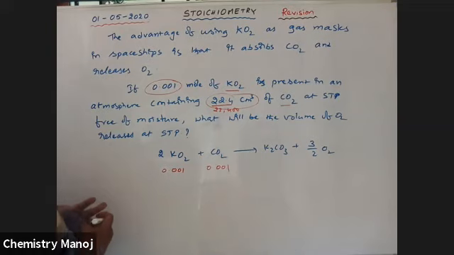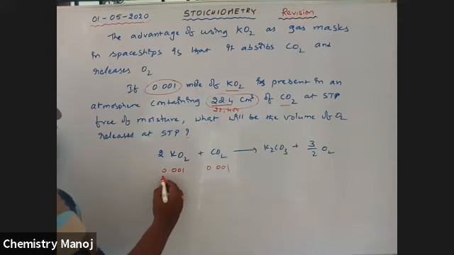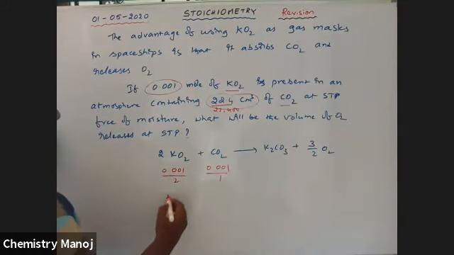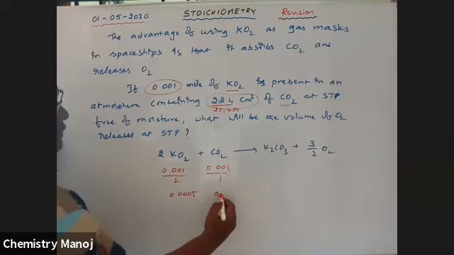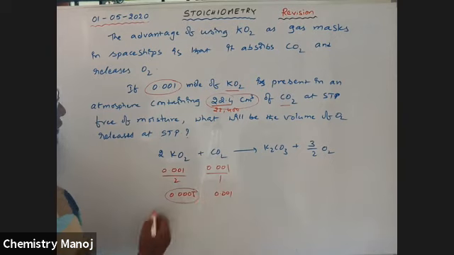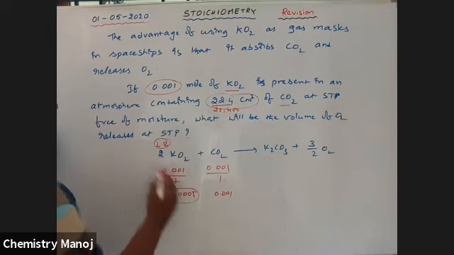So first of all, identify the limiting reagent. That is by 2 by 1. It is 0.0005. It is 0.001. It is the less value, so it is the limiting reagent. The other is in excess, no need here.